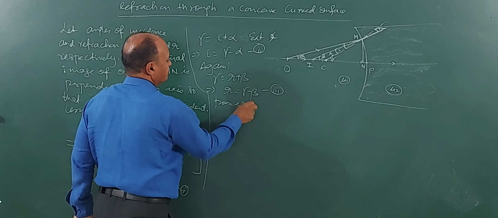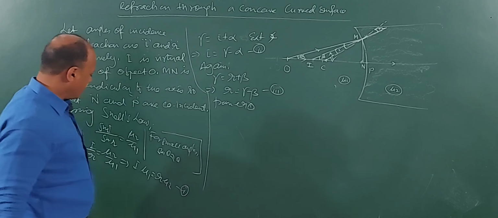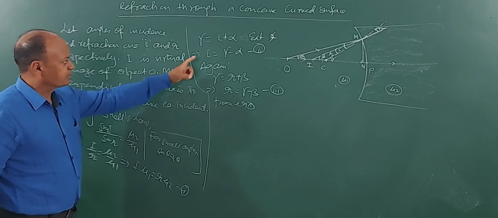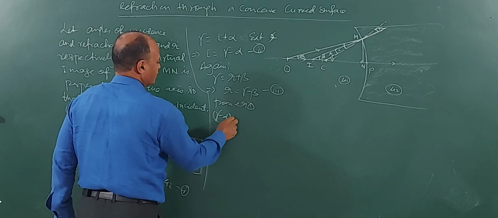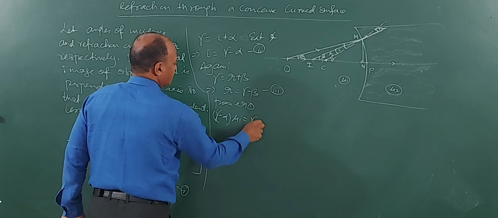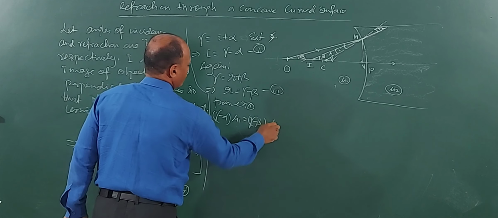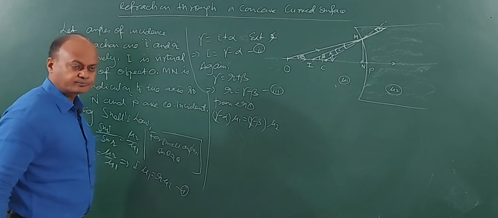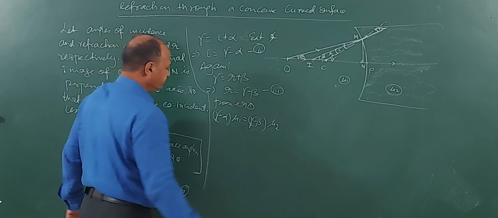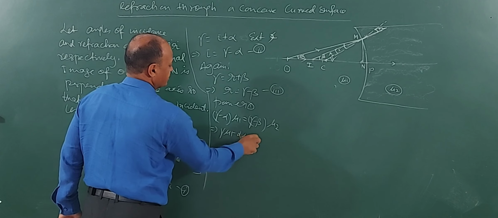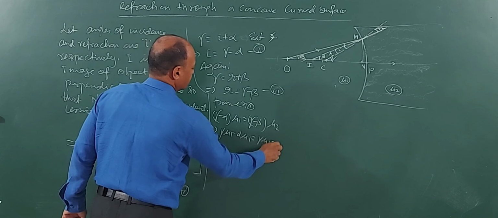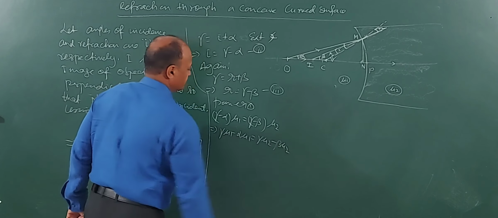From equation 1 now, children, we have I mu 1 and I is equal to how much? Gamma minus alpha. So gamma minus alpha mu 1 is equal to gamma minus beta mu 2. Now I simplify this. Gamma mu 1 minus alpha mu 1 is equal to gamma mu 2 minus beta mu 2.